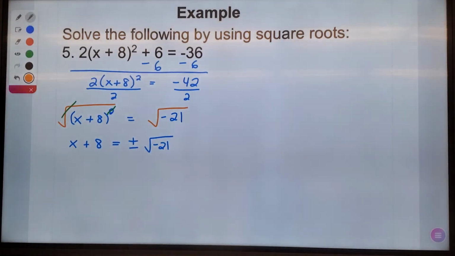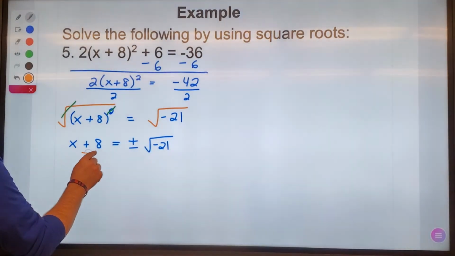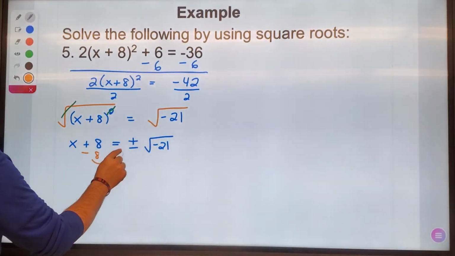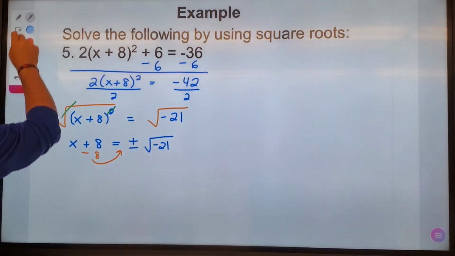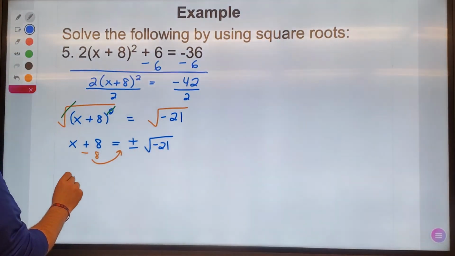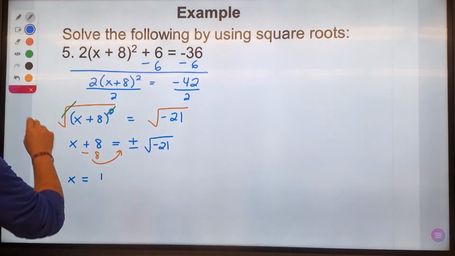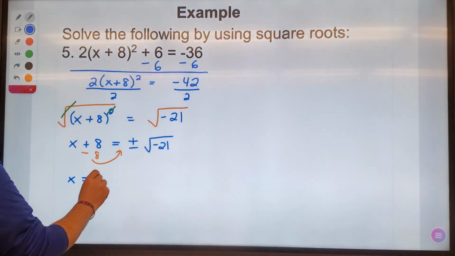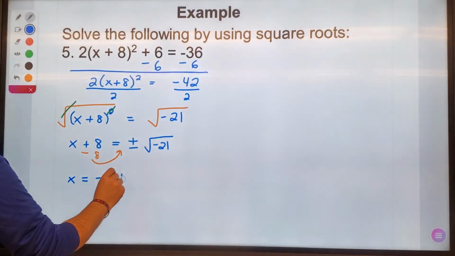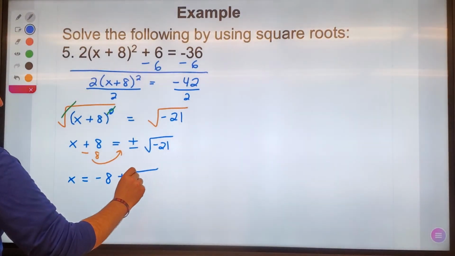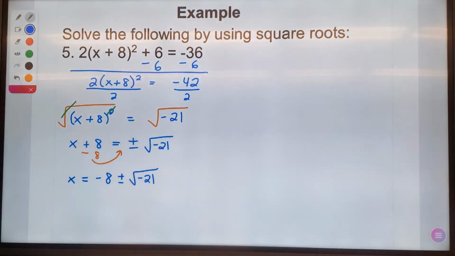Okay, then again, now I need to move this, so I need to subtract 8. And again, I want to put it right here in front of the plus or minus. So x equals negative 8 plus or minus the square root of negative 21.